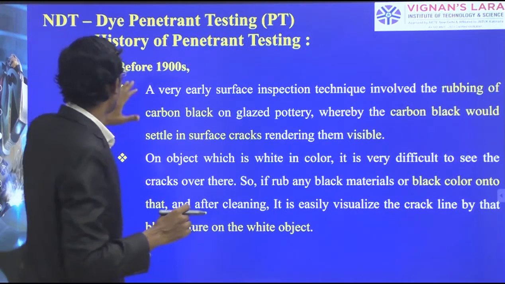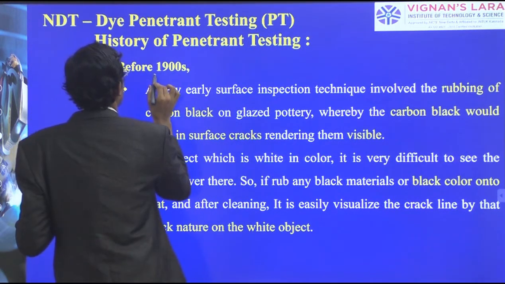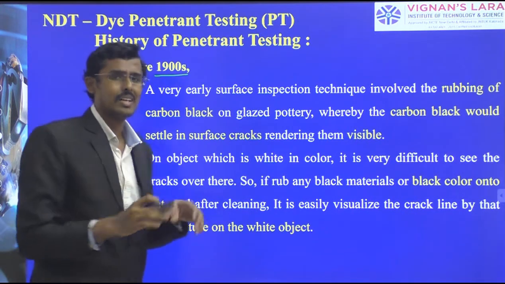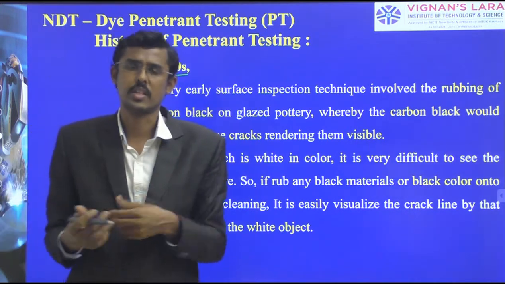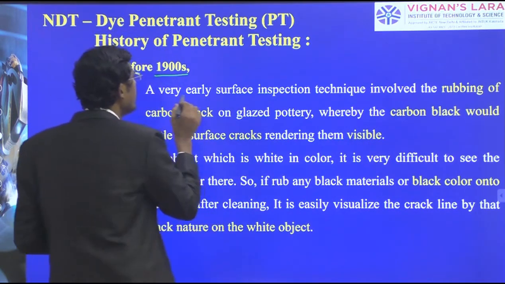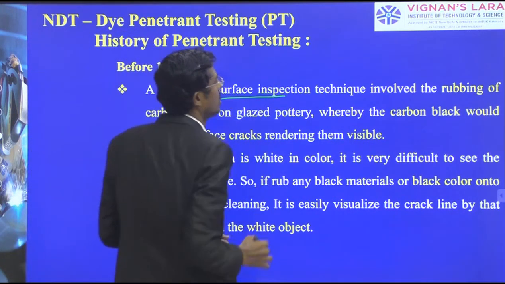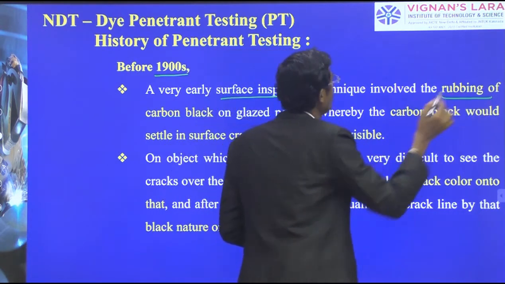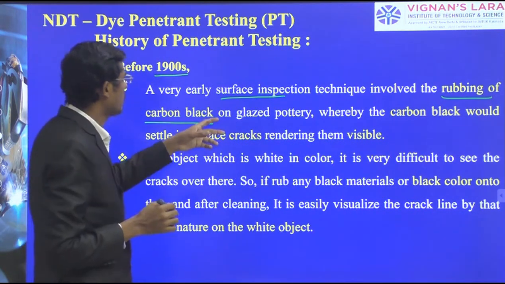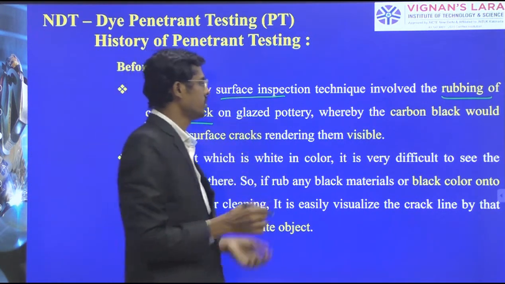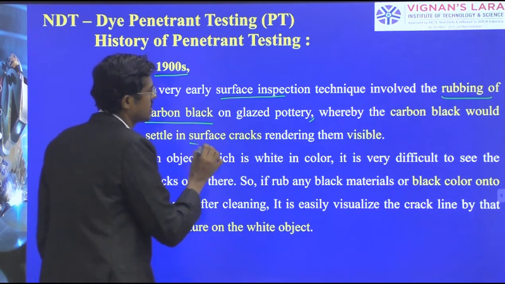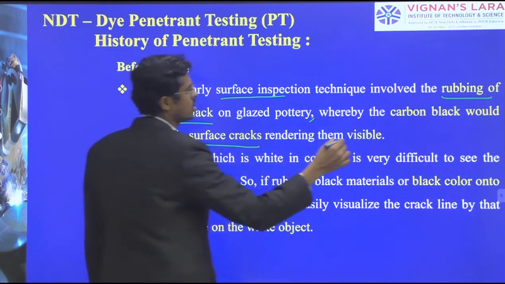Before the 1900s, we used other methods to inspect. Such a method was a very early surface inspection technique involving rubbing off a carbon black on a glass portlet, whereby the carbon black would settle in surface cracks, rendering them visible.